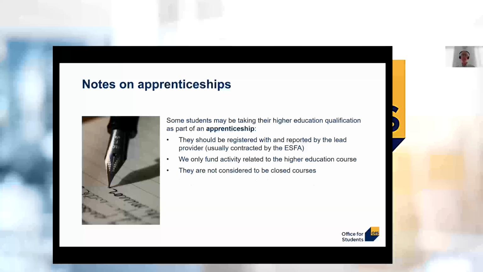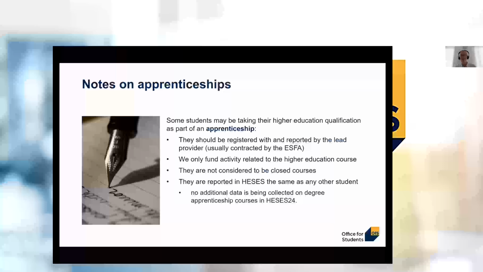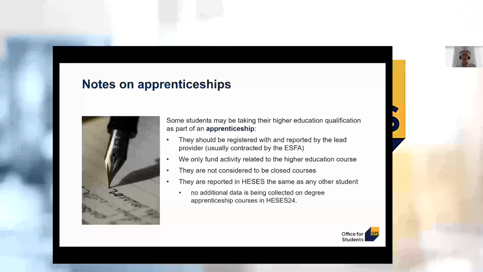The bottom line here is that apprenticeship students are reported in HESES in the same way as any other student, although it's worth making the point that if you or any of your colleagues were involved with HESES22, you may remember that we collected additional data on degree apprenticeships. That funding is being made now through a different mechanism since 23-24, so we don't collect that data anymore.